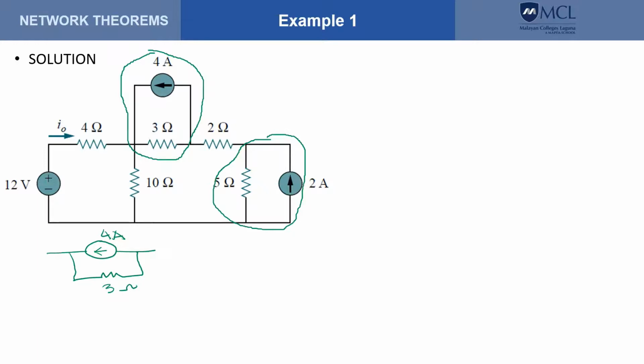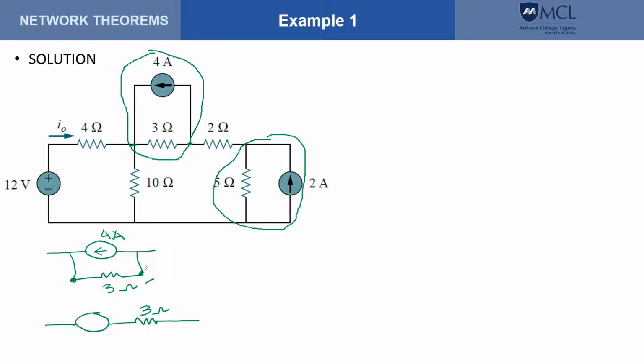Take note that this point here is really this point here also, and this point here is also this one. So we could convert that into a voltage source that is in series with the resistance. The resistance here is copied from the original configuration.